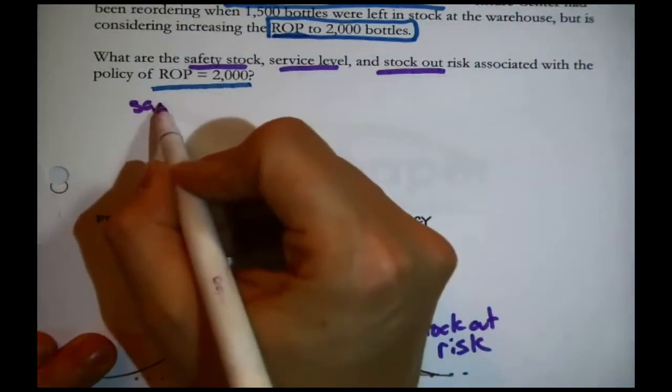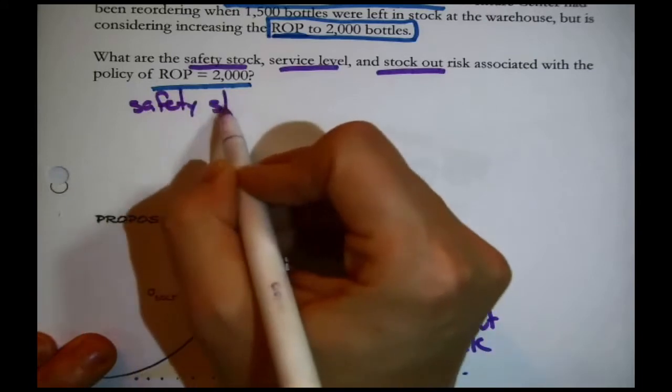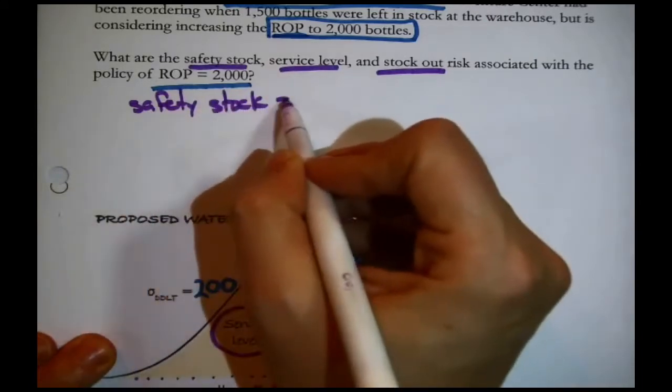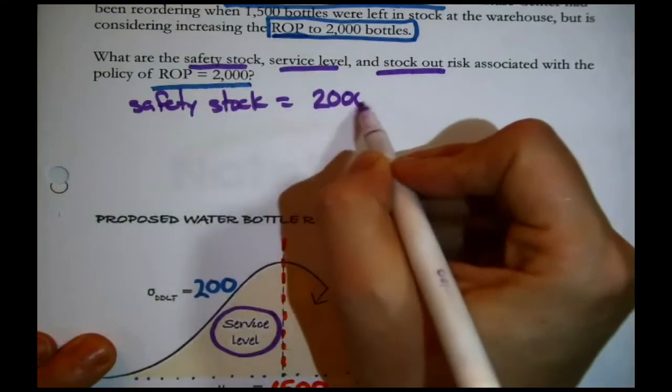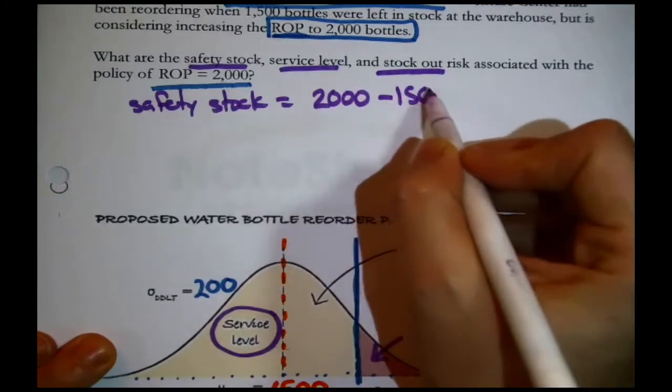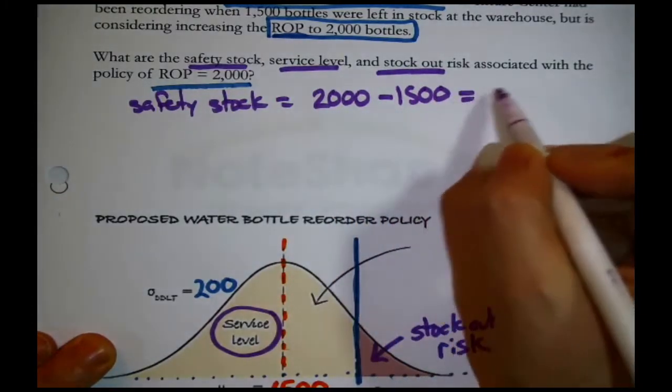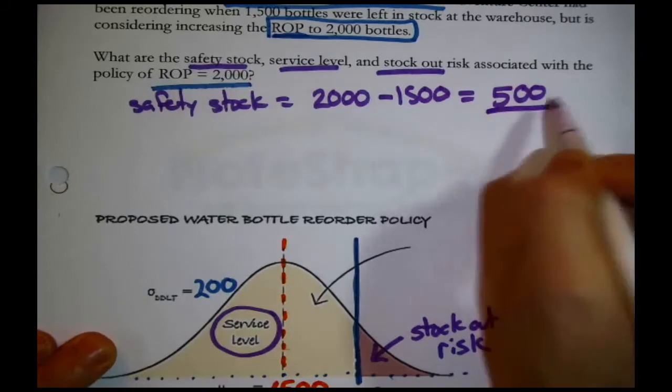The safety stock is nothing more than 2,000, the reorder point, minus 1,500, the average demand during lead time, or 500. First off, if Adventure Center starts reordering when there's 2,000 bottles of water left in stock, that is a safety stock of 500 bottles.